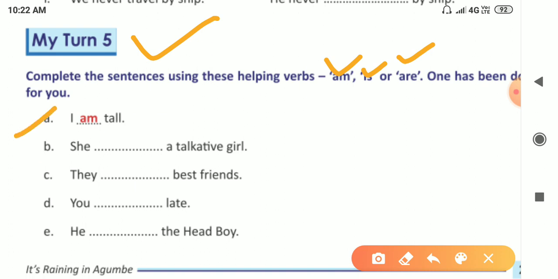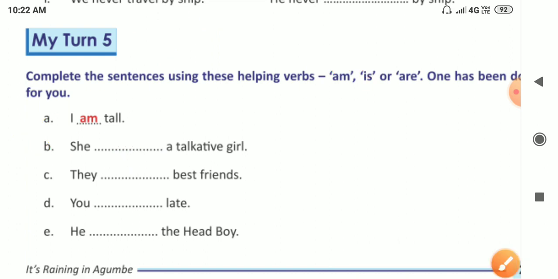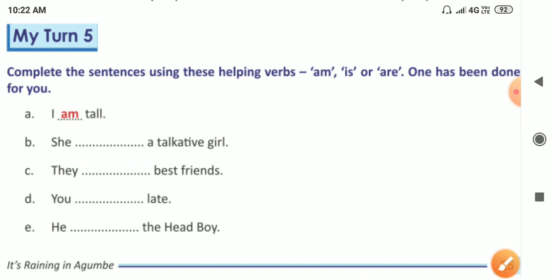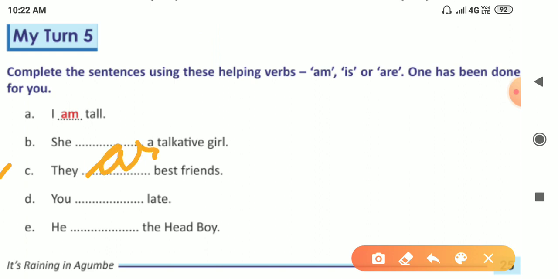Like in one, I am tall. And in B part, she is a talkative girl. And in C part, they dash best friends. They is a plural, so we will write here are.